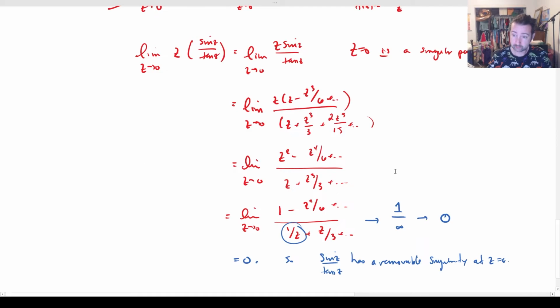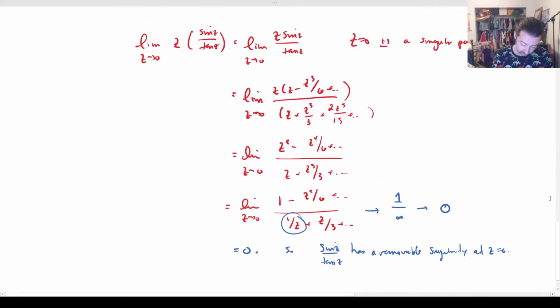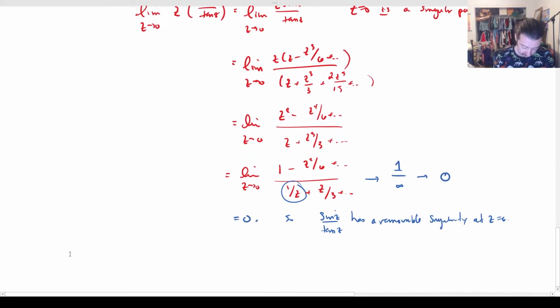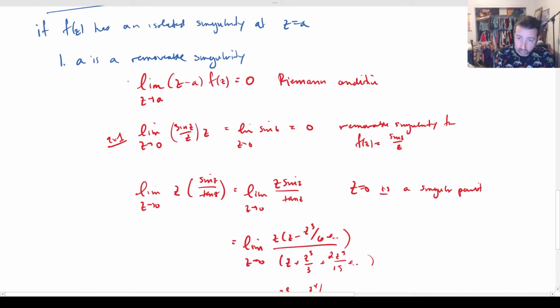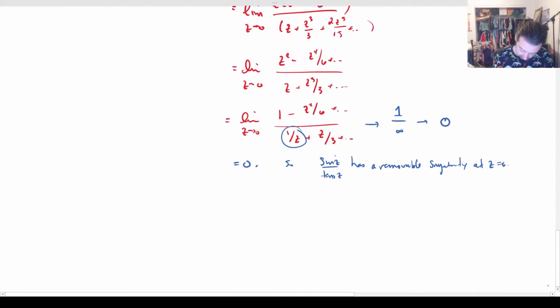All right, so let's look at another condition. Remember that the first behavior that could happen is that a is a removable singularity for the function. The second possibility is that a is a pole of order k. And the way that we check for a being a pole of order k is we compute the limit computation that we saw before.